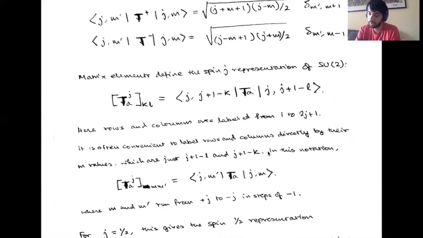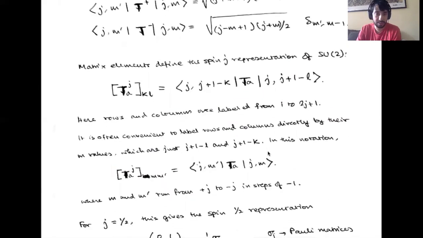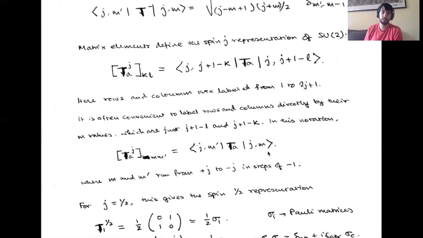So what is left is, often, as I write here, convenient to label rows and columns directly by their m values, which are just j plus 1 minus l or j plus 1 minus k.